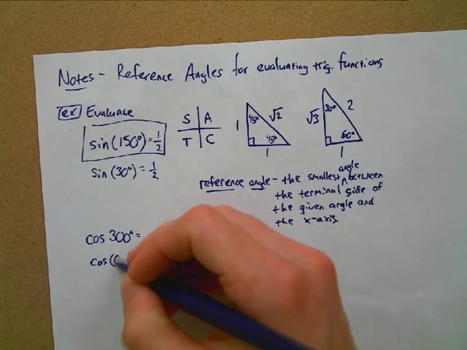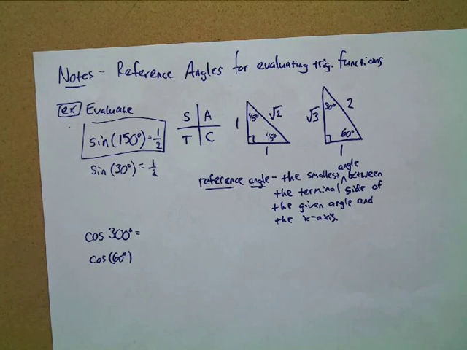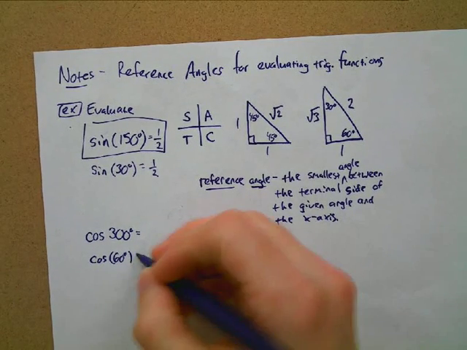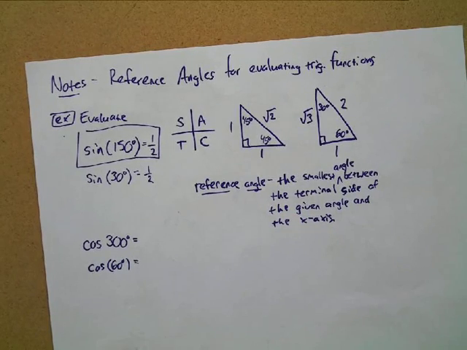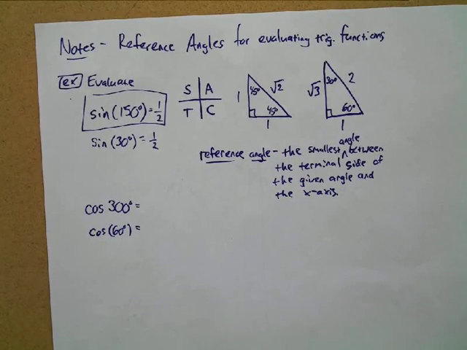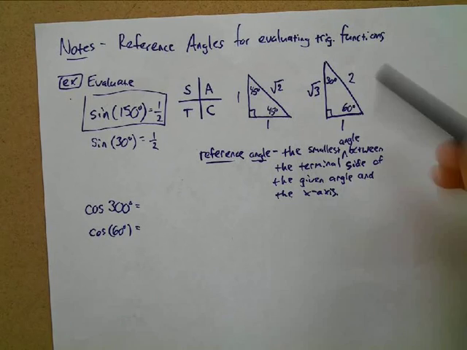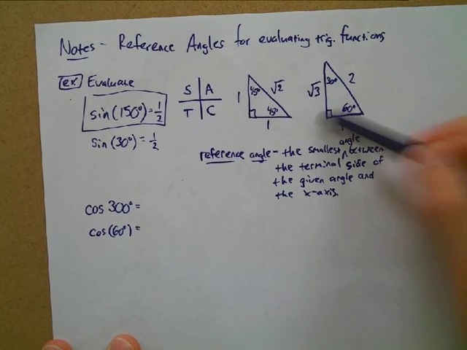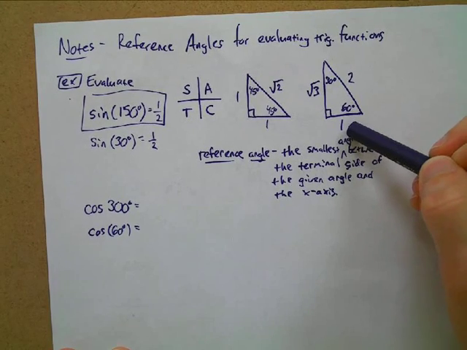Cosine is what over what? According to SOHCAHTOA, it's adjacent leg over hypotenuse. So here's 60 degrees. Adjacent leg, 1. Hypotenuse, 2. So cosine of 60 is 1/2. Therefore we expect cosine of 300 degrees to be 1/2 as well. 300 degrees is in the 4th quadrant.